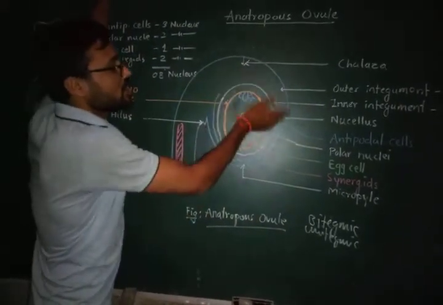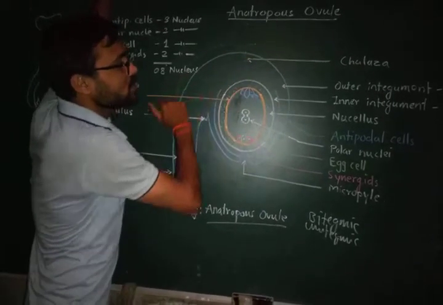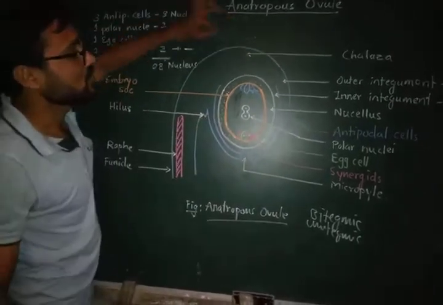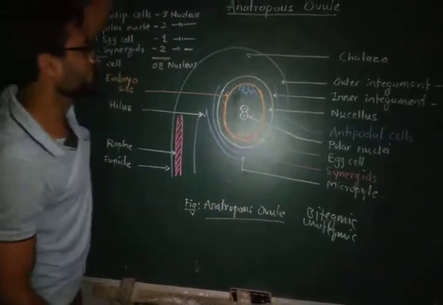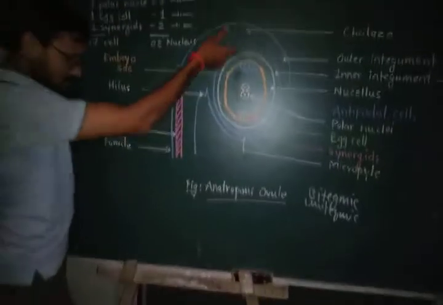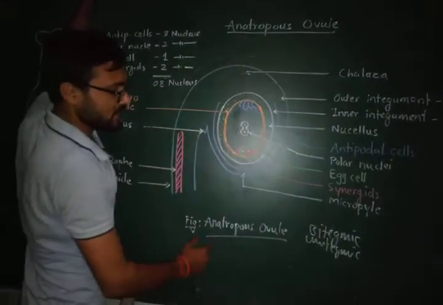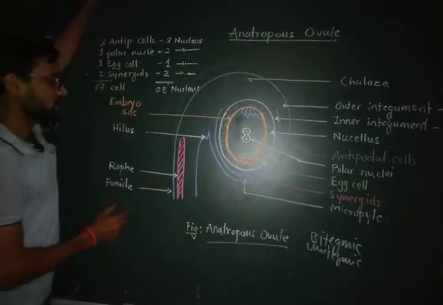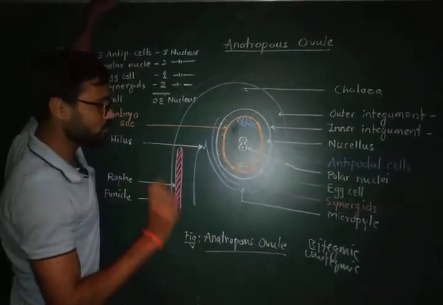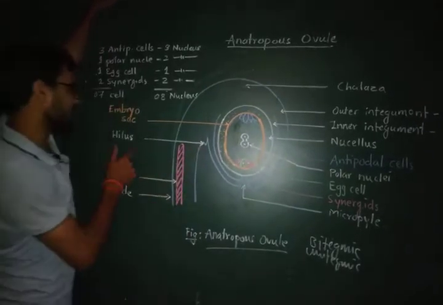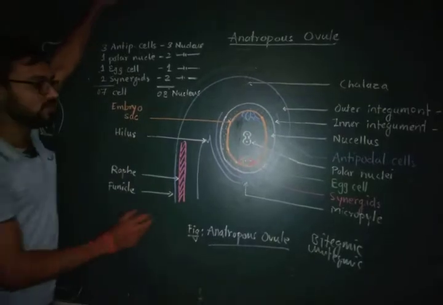Then the topmost region, which is a thick region, is called the chalaza, which is a protective part. The chalaza and the overall body of the anatropous ovule are joined to the funicle with a neck-like projection called the hilum. The funicle is the stalk of the anatropous ovule.